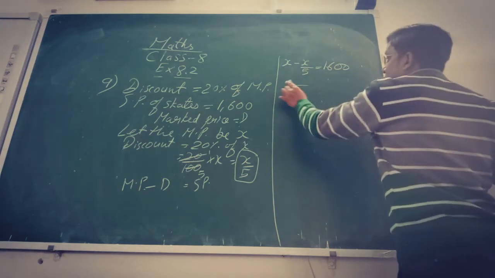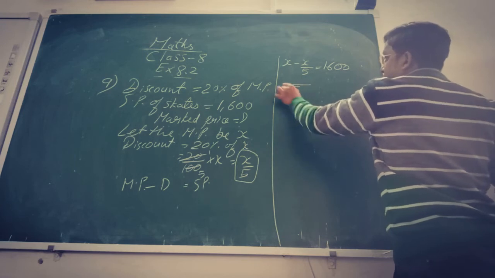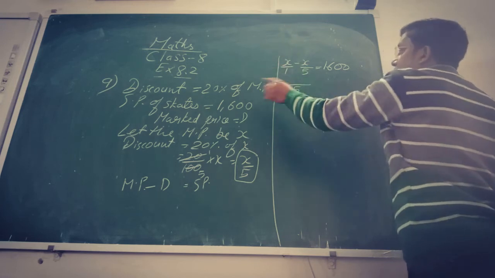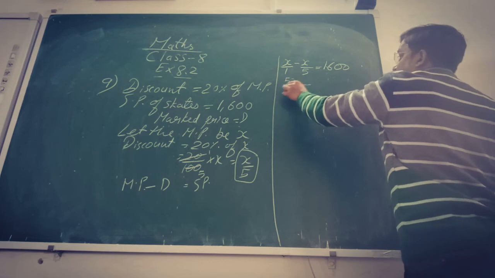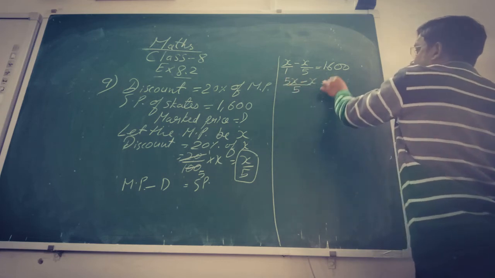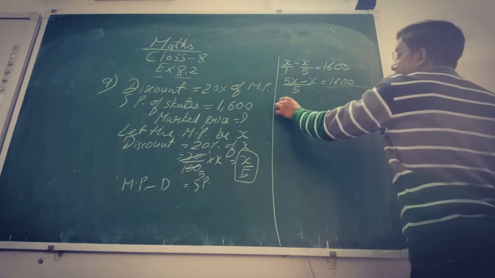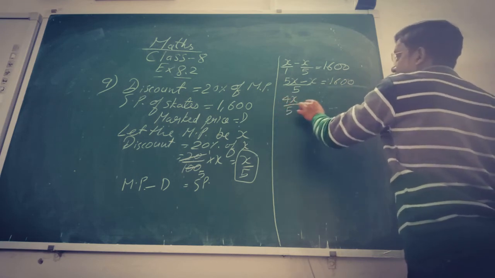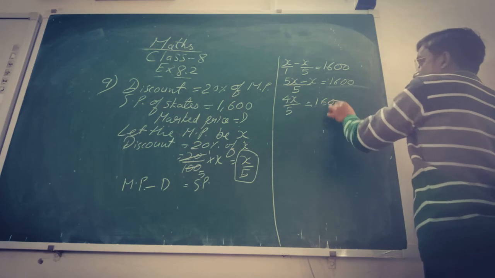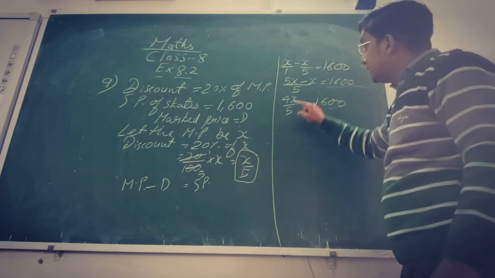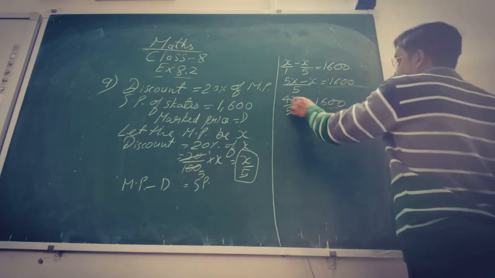LCM will be 5. So we can do 5x minus x is equal to, now 4x is equal to 5 times 1600. Now you have to find out x, do the cross multiplication.